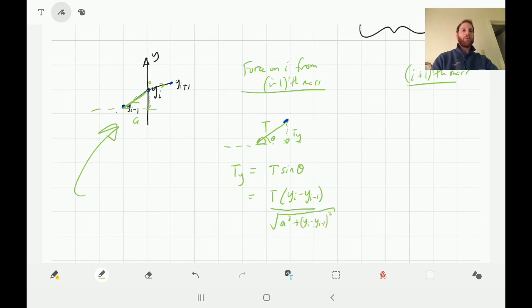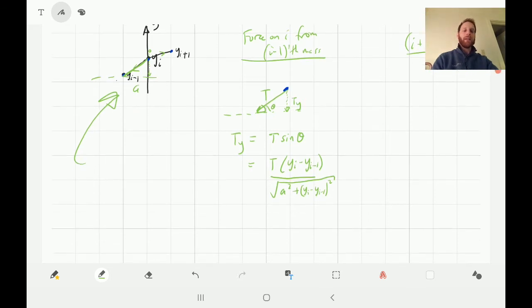That's all seemingly complicated. We're going to assume that the spacing between the different masses is much bigger than any relative difference in height between any of the masses. So we're going to assume that this is always going to be true.